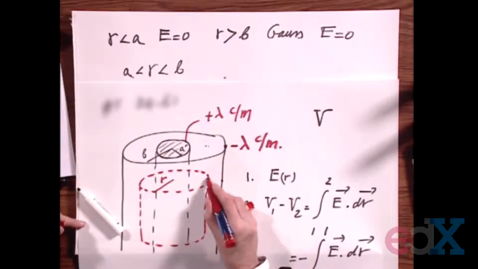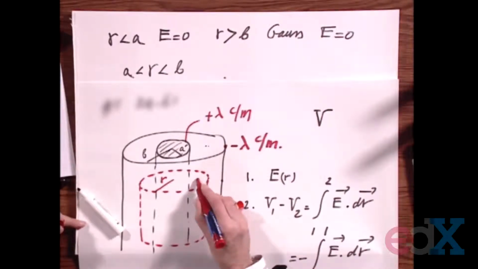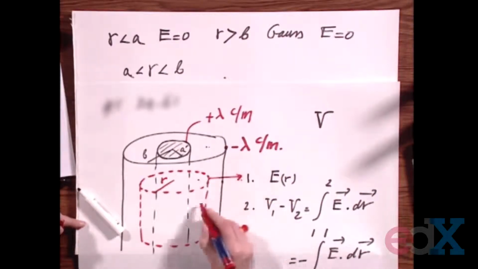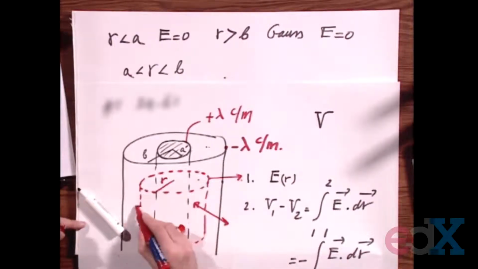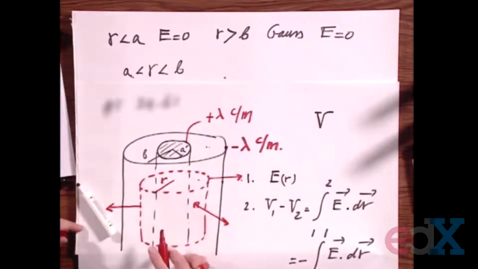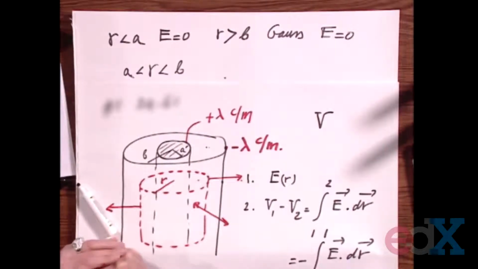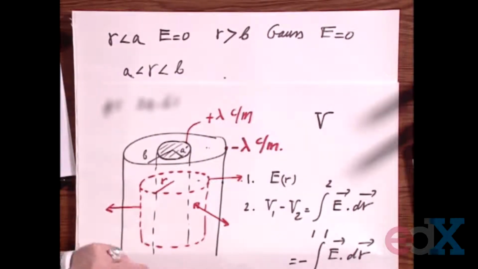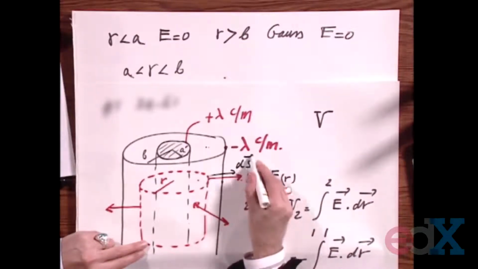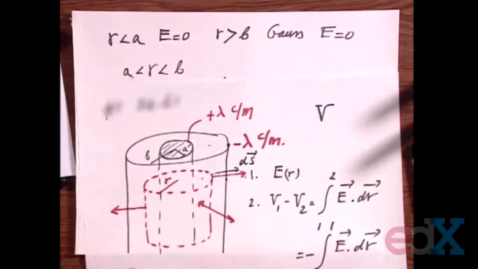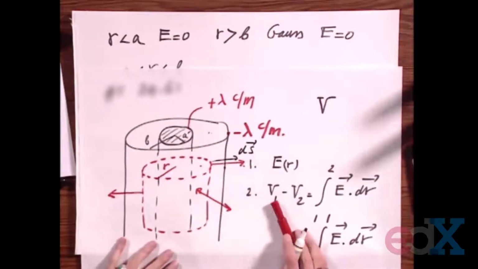So let's draw it just here, outwards. And if you can see this here, the idea is that it is outward, perpendicular to the surface. And the ds values themselves are, of course, also perpendicular to the curved surface. So E and ds are in the same direction.